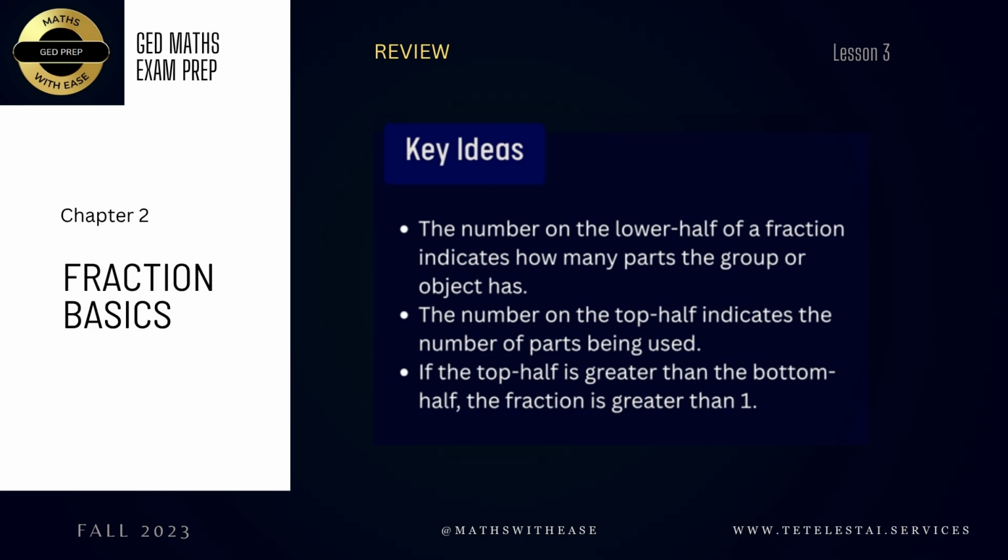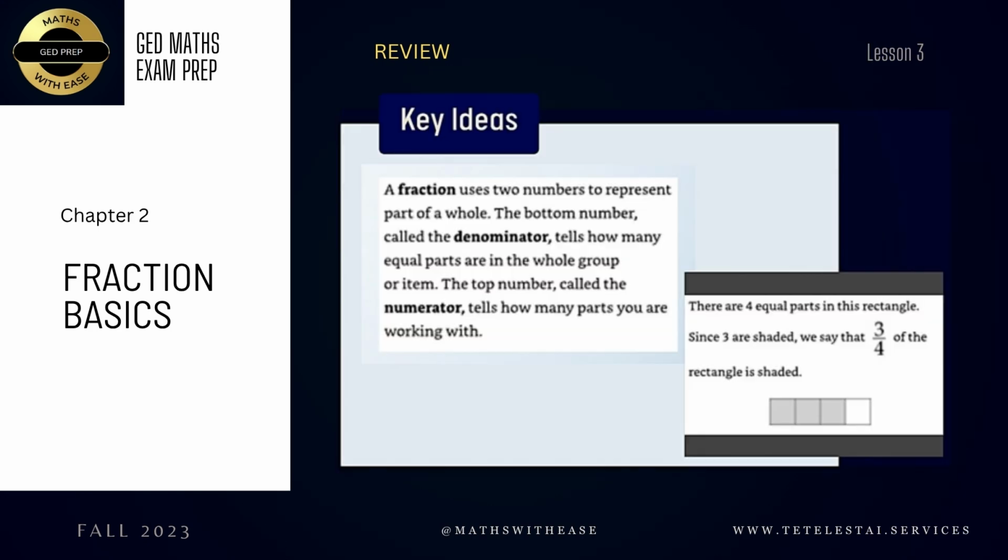Okay. So just really quickly, when you see a top heavy fraction, 5 over 3, 10 over 2, things like that, just know that the author is trying to tell you that the fraction that you're looking at is greater than 1, meaning 1 whole. Okay.